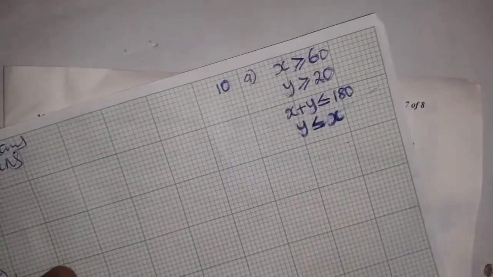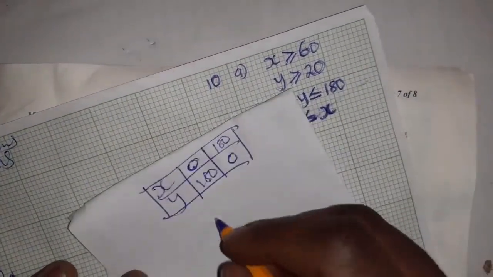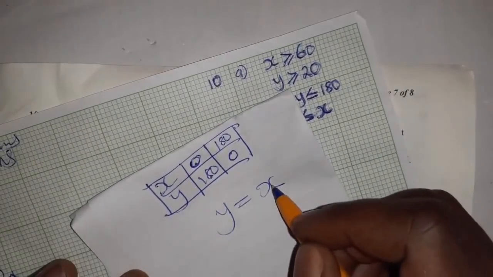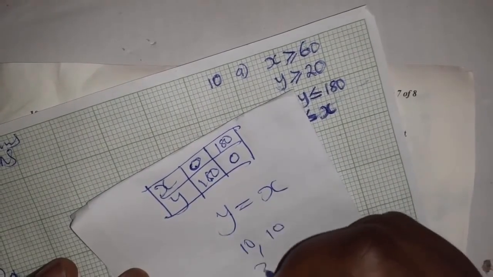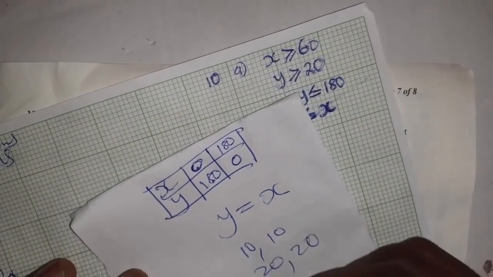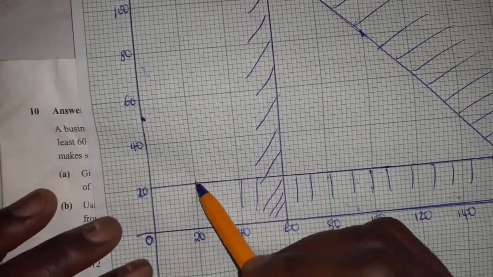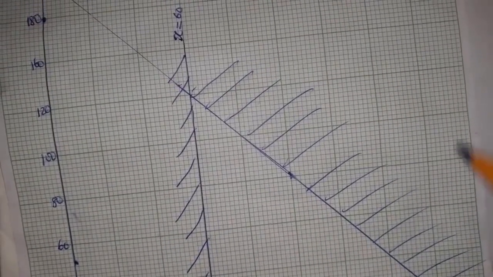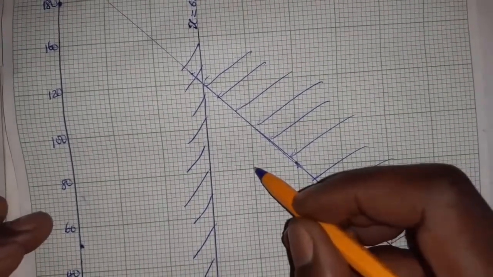Then the second one, in terms of an equation, this is y equals x. The y coordinate is the same as the x coordinate. So if you are dealing with 10, it's 10, 10, 20, 20, 50, 50. When you come to our diagram, 20, 20 is this point. We can even go to 180, 180, or 80, 80 is this point here.